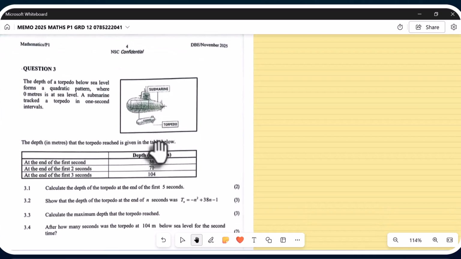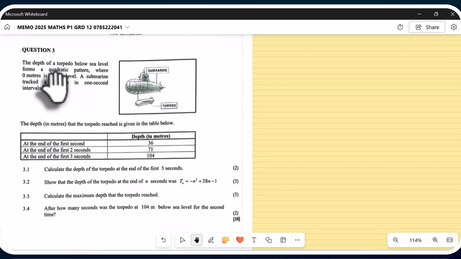It says that the depth of a torpedo below sea level forms a quadratic pattern where 0 meters is at sea level.